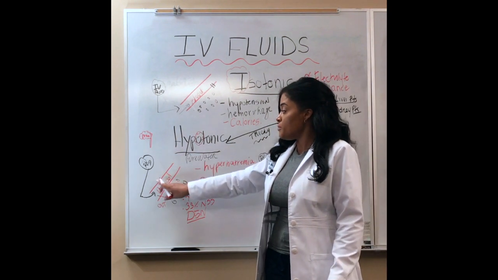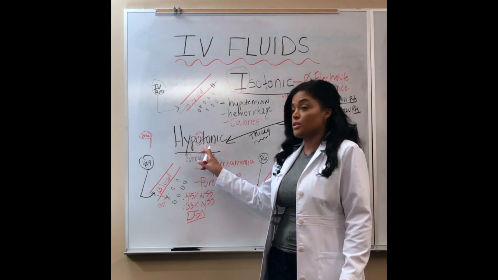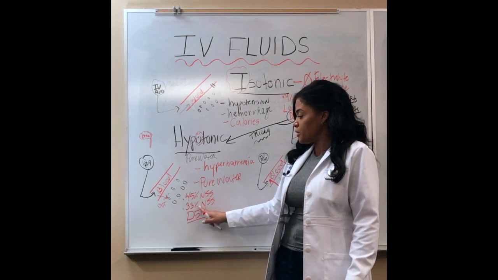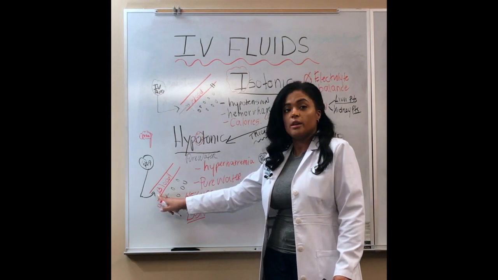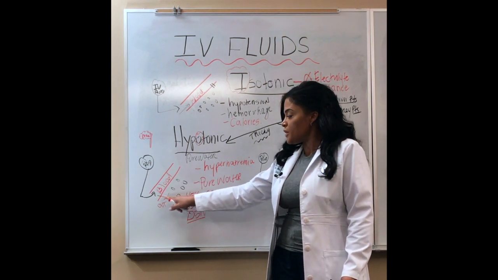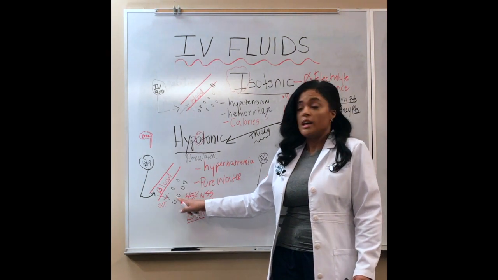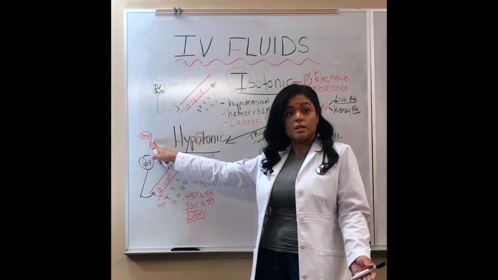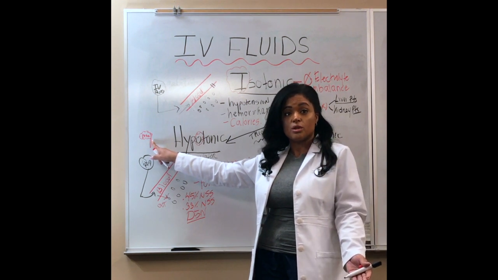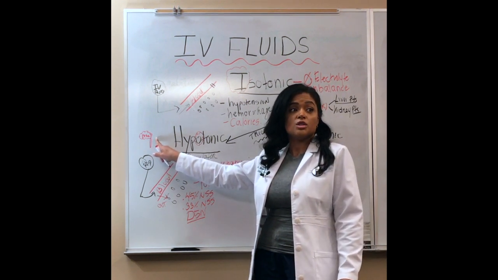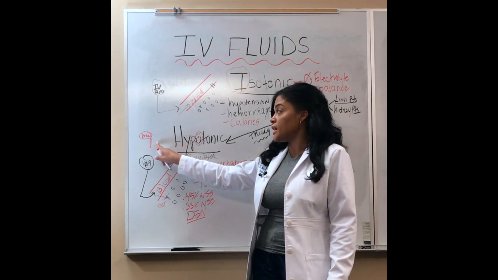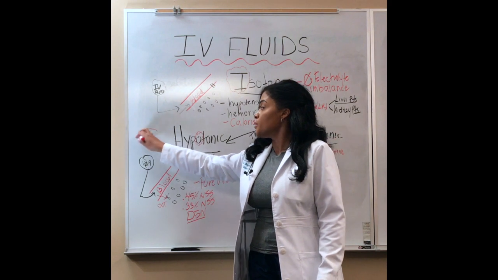So if you remember the path of hypotonic solutions, and you know that 0.45 normal saline, 0.33 normal saline, and D5W go into the circulating volume and then shift to the cells and tissues. If I were to give this to someone that has brain injury, like cerebral edema, increased intracranial pressure, I'm going to make the situation worse. Therefore, hypotonic solutions are contraindicated in patients with brain injury.